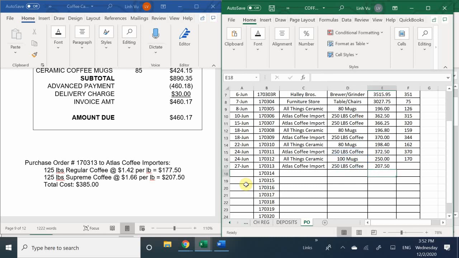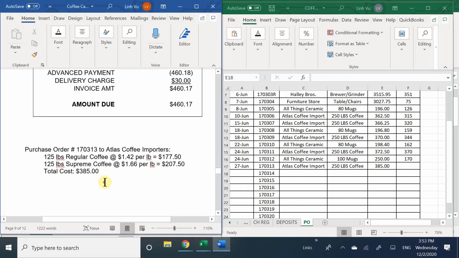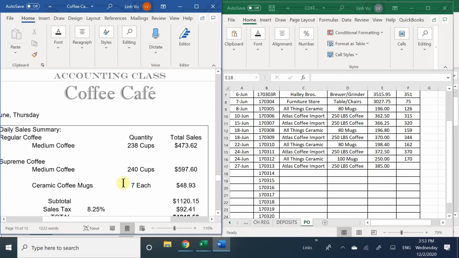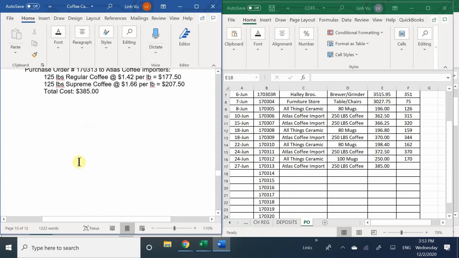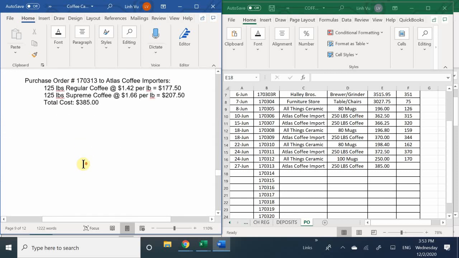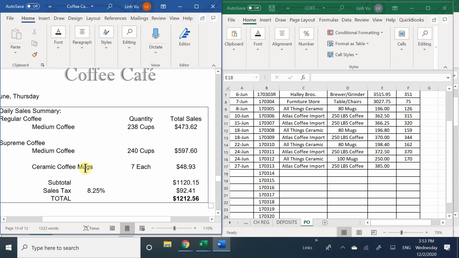And the total again was an even $385. Oh, yes, you're right. 385. I only saw one. Okay. It's up to you if you want to do the next one as well, since that one was so simple. Yes, sure.